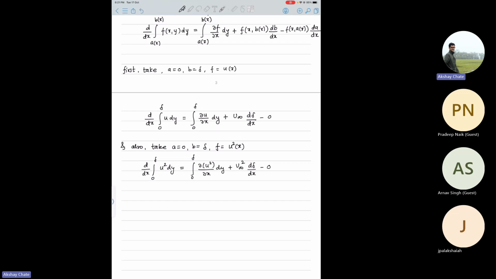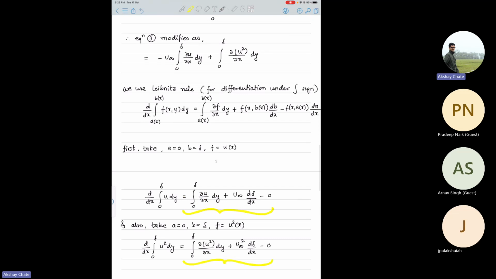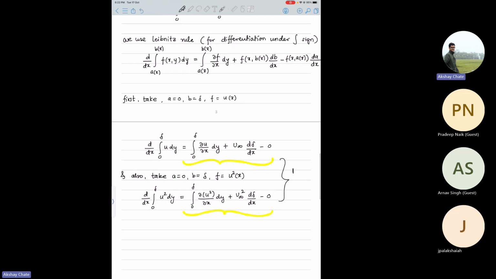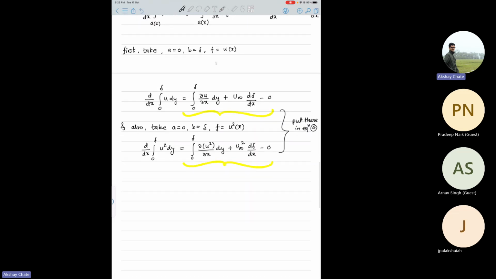So this is there. Now what you do, you take these equations and you put them back in, let's say I call it equation number 4. So you put these in equation 4. What you end up with is your LHS is nothing but minus u infinity remains as it is.